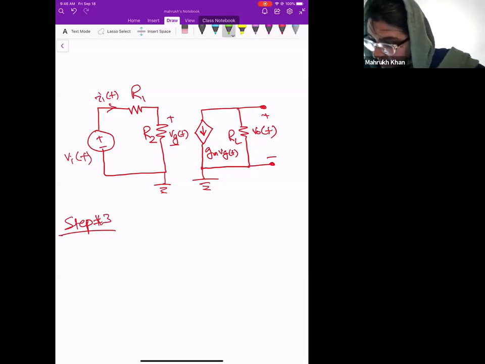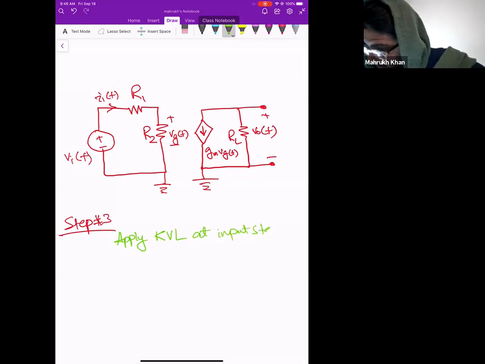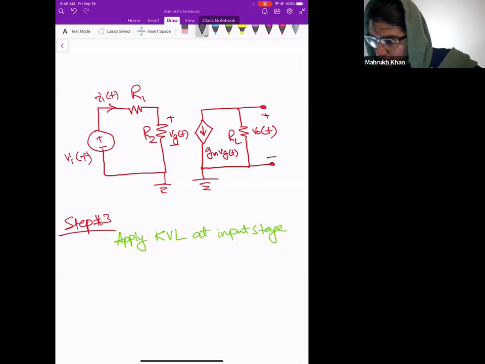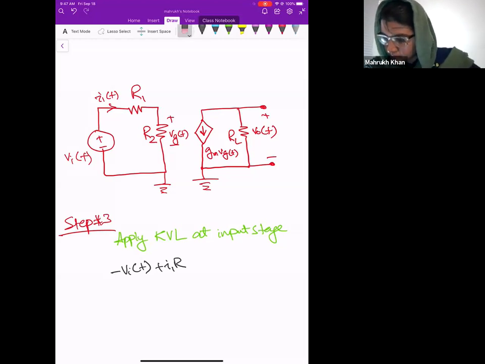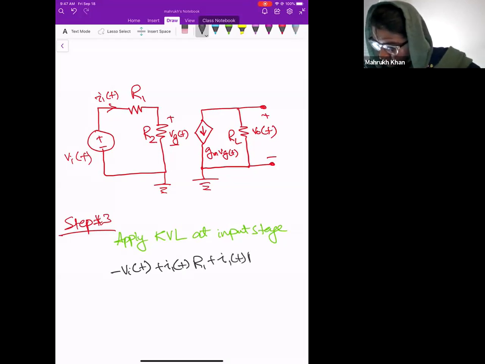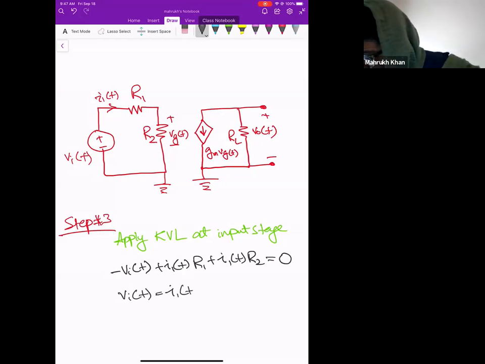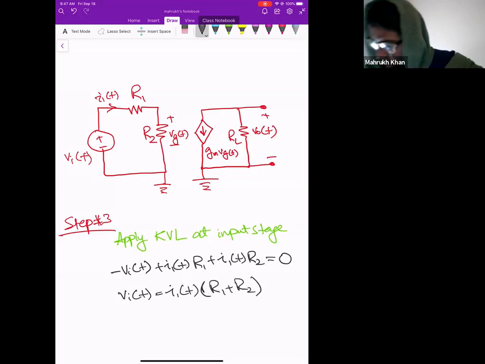So apply KVL at the input stage, and that will give me Vi of t is equal to I1 of t times R1 plus R2, right?